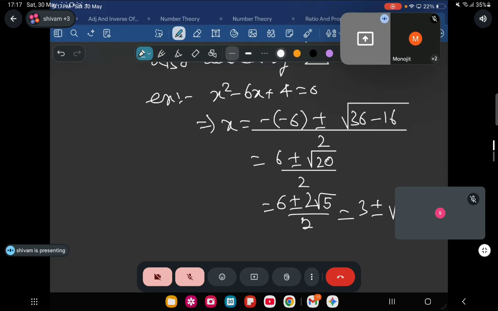Over here, there is one more thing. We have already discussed it in polynomials, but again I am telling you: for a quadratic with rational coefficients, if one of the roots is a plus root b, then the other root will be a minus root b. Anyone having any doubt, you can ask.